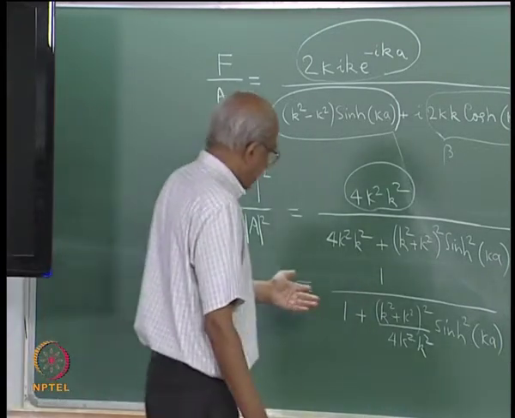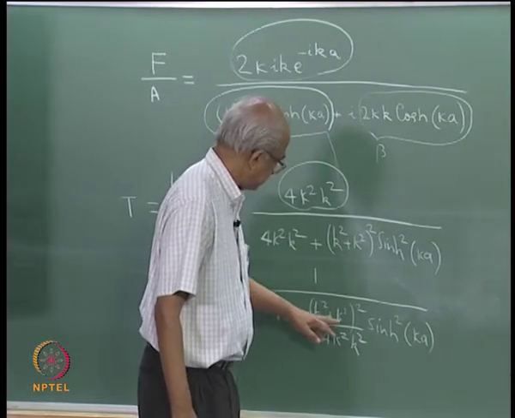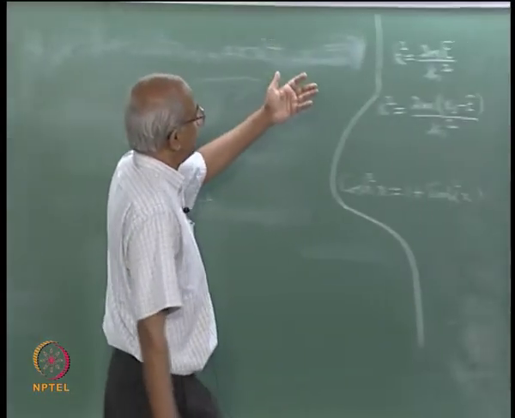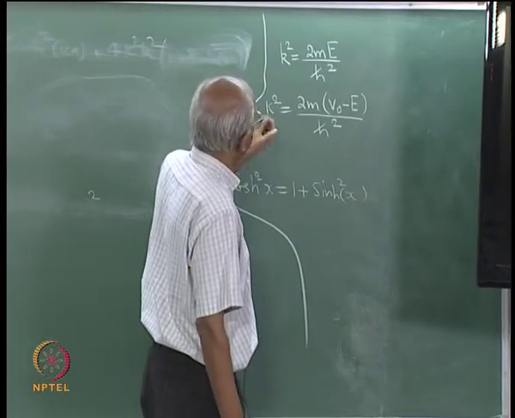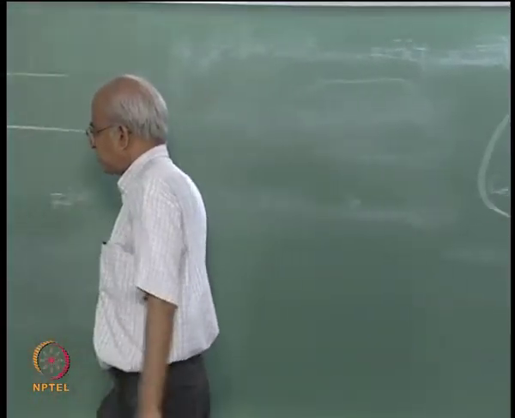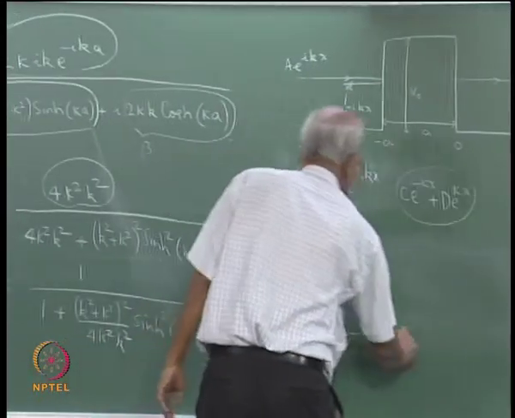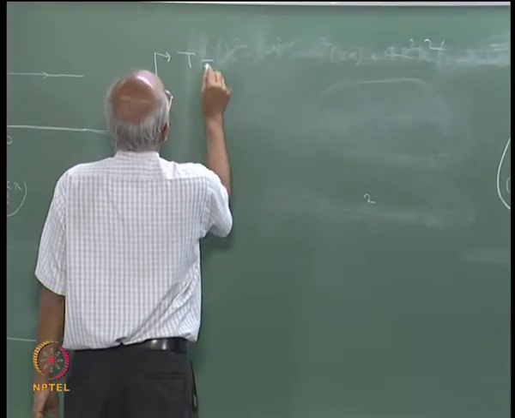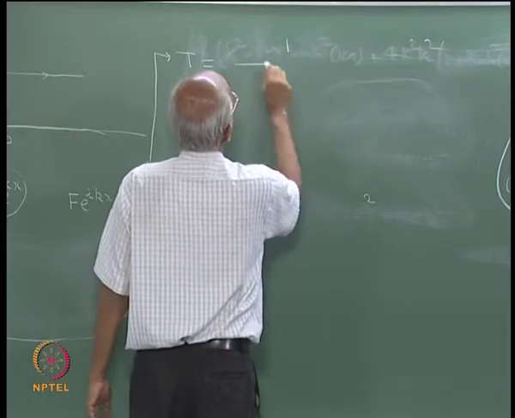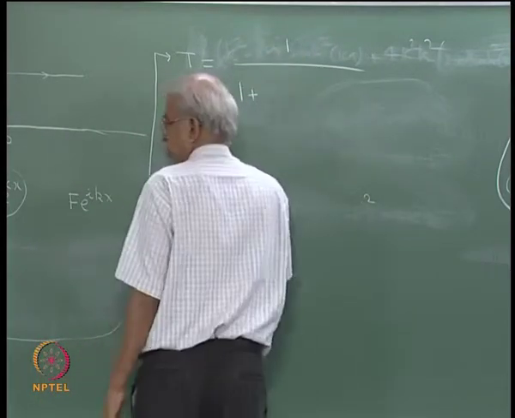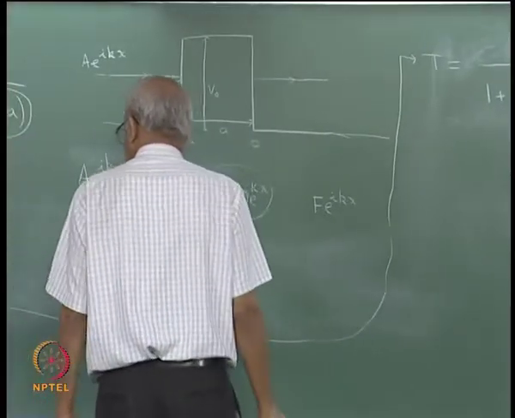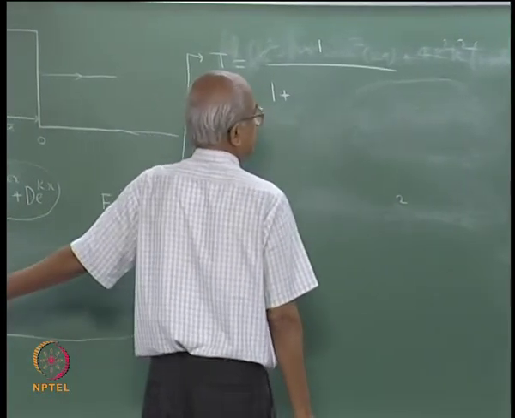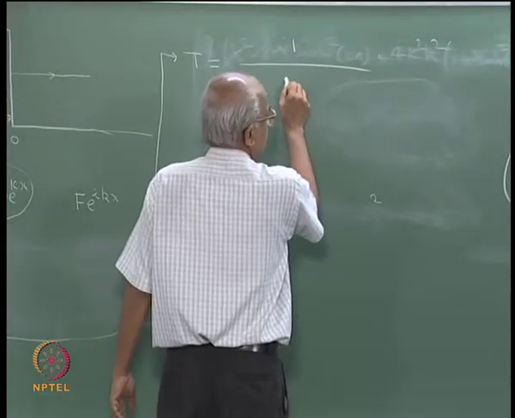And now, if you like, we can actually substitute the expressions for k square and kappa square. Let us do that. I have the expression for k square, I also have the expression for kappa square. So, if you substitute those things, let me do it here. Well, this is a fairly straightforward substitution. I shall just write the answer.